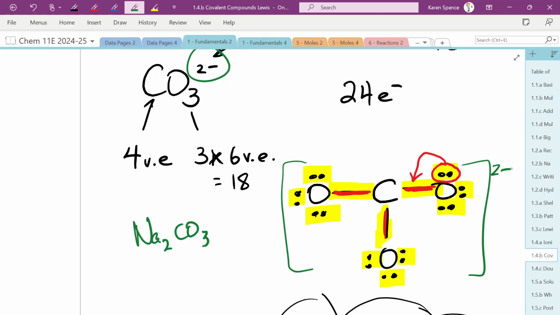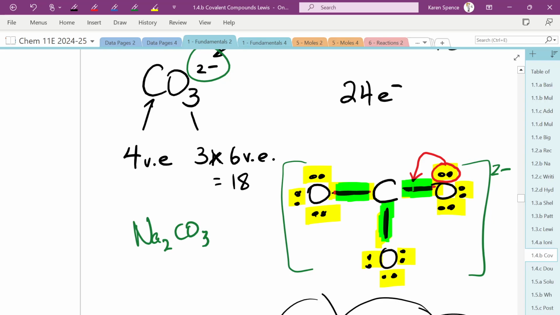And then they might say to you, what is the molecular shape of carbonate? And you would say, well, how many electron domains do I have? How many areas around the carbon have electrons in them? I've got 1, 2, 3 around the carbon.